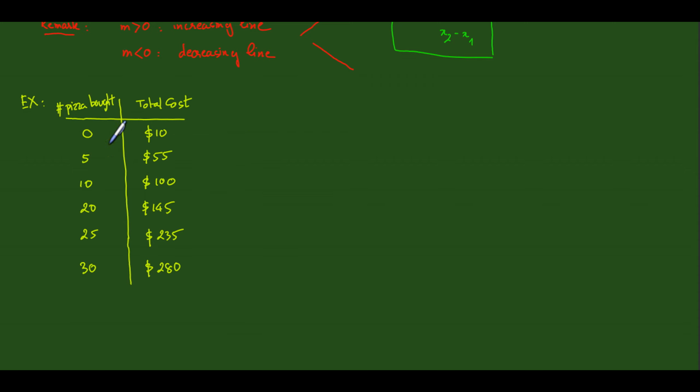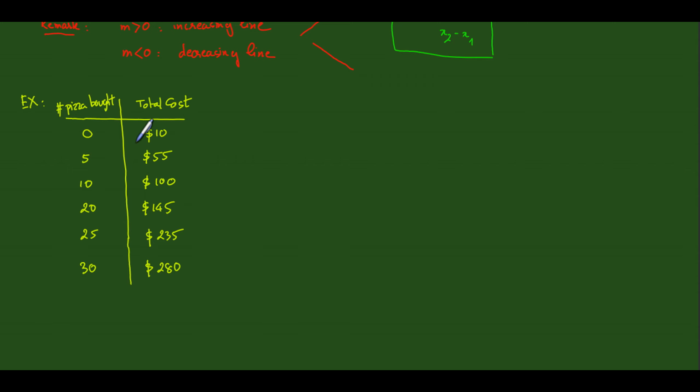So I'm gonna explain over here why you don't buy any pizza and it costs you $10. I don't think that in reality you see this type of situation, because if you don't buy any pizza, you don't have to pay any money, right?